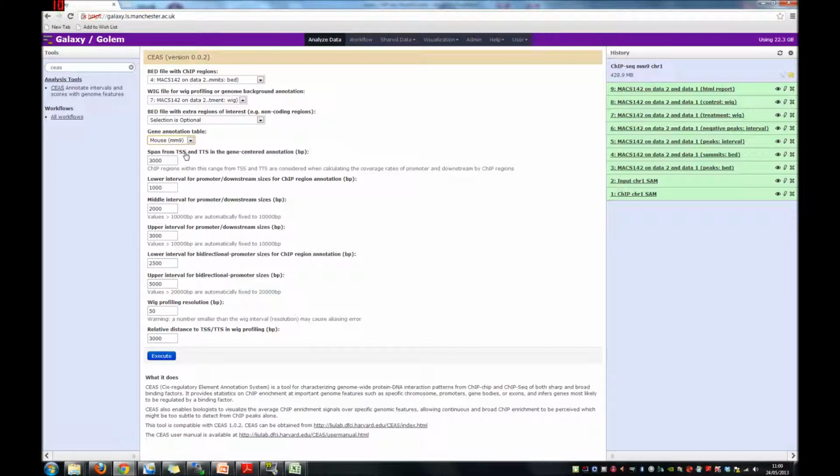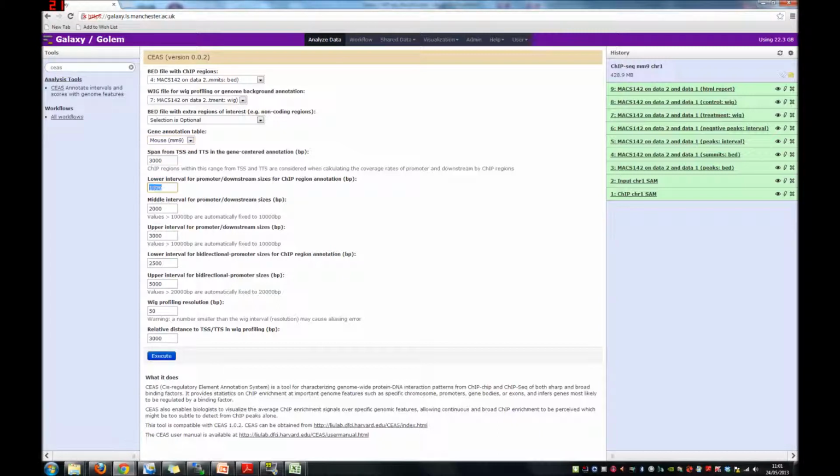Now these other parameters you can quite happily use the defaults. That will give you a reasonable result, but what I tend to do is change these values for what it considers to be the promoter region, so a lower, middle and upper region, which equates to basal binding right near the TSS to very distal events away from it.